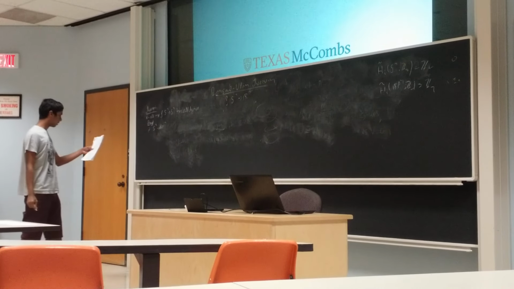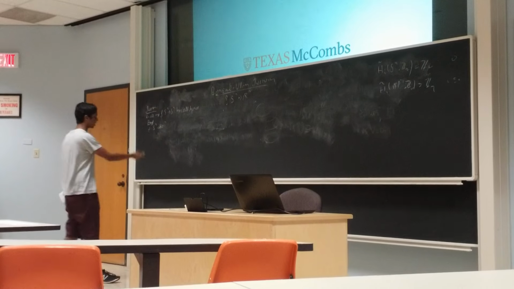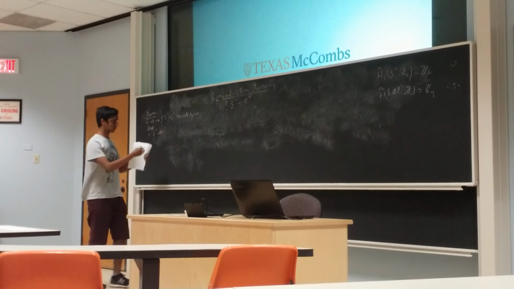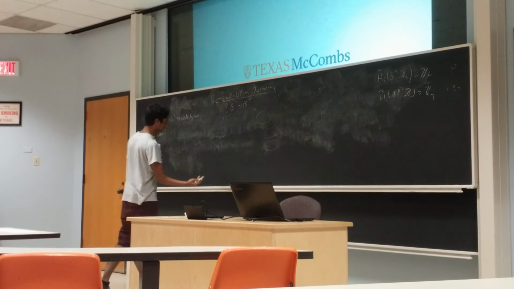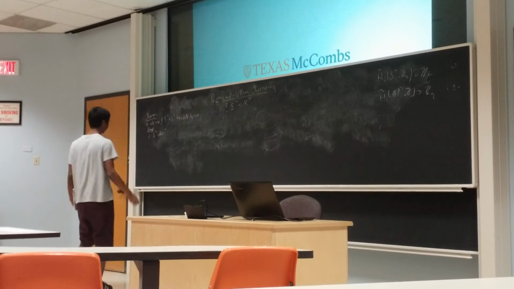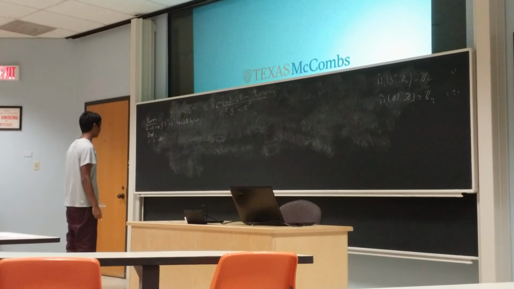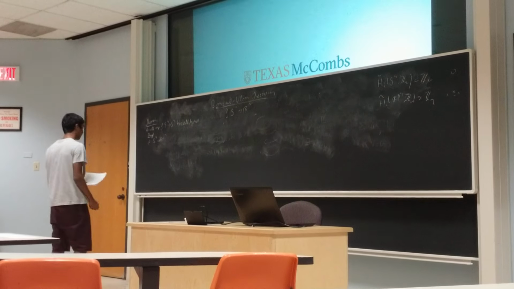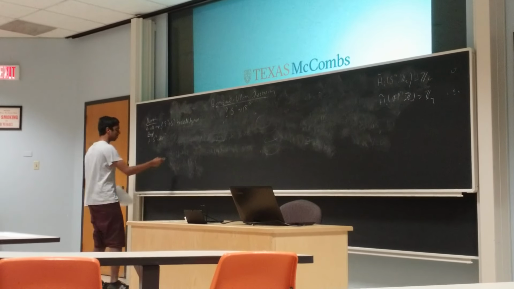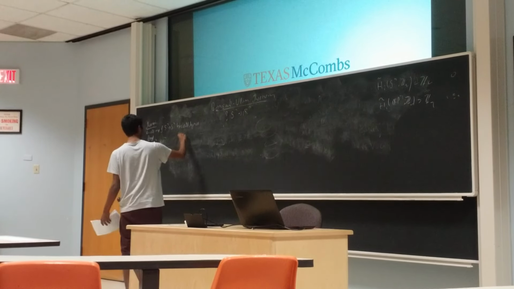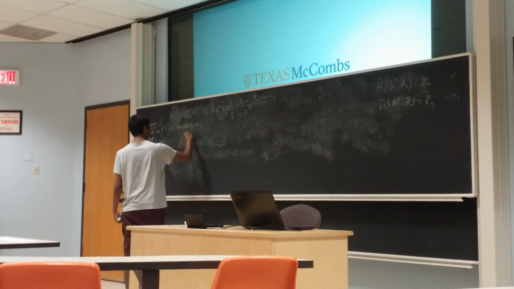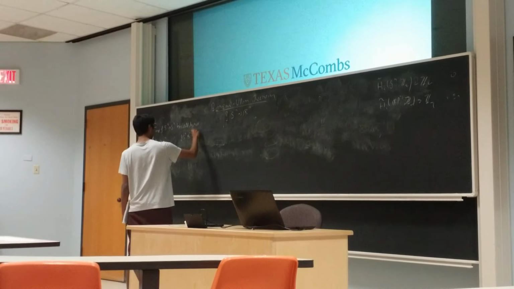That's essentially just how RP^n is constructed. You just take two antipodal points and then you match them. From this, if you have an odd map, we get a quotient map.